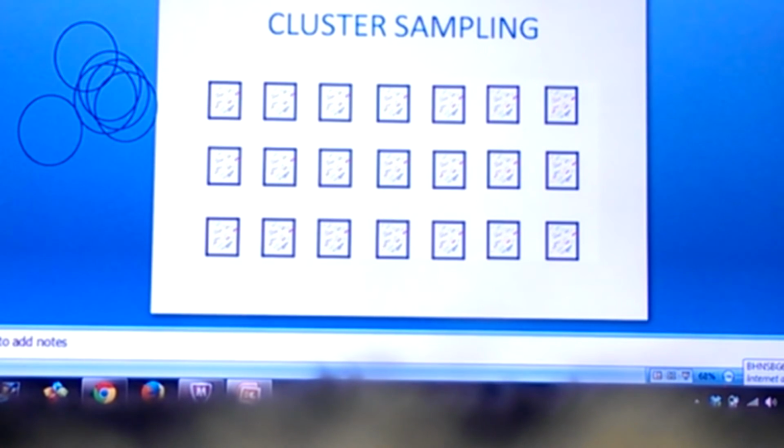Now, say for instance, all of these squares that you see on the screen are businesses within the city of Birmingham. Now, each business has an equal amount of people and an equal amount of races, ethnicities, and so on and so forth.